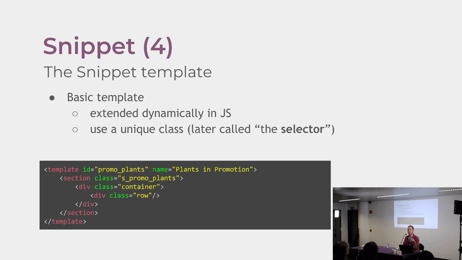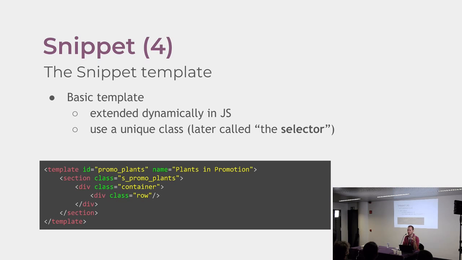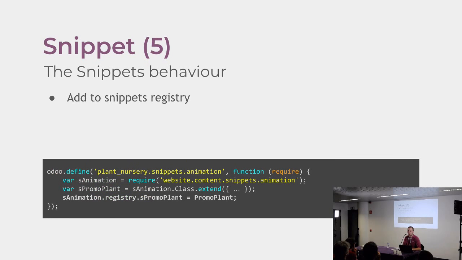So each time this special selector is available on the page, you will have an instance of your JavaScript module created, and they will be bound. All right, so we have created the basic structure. Now we will create the JavaScript module. This is just to add the snippet in the registry, but that's a detail.